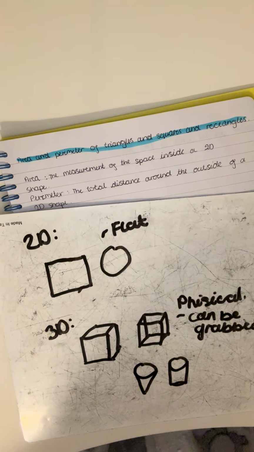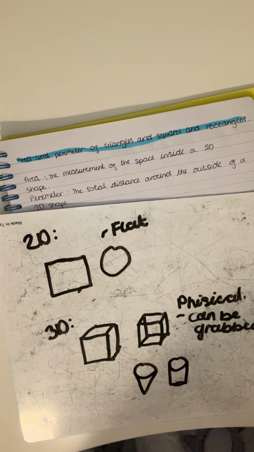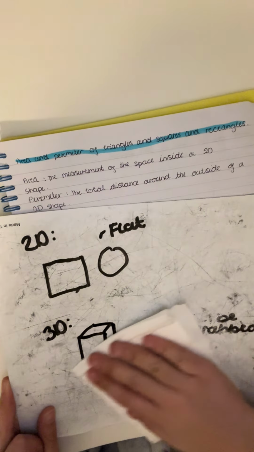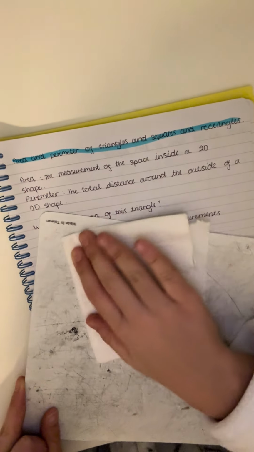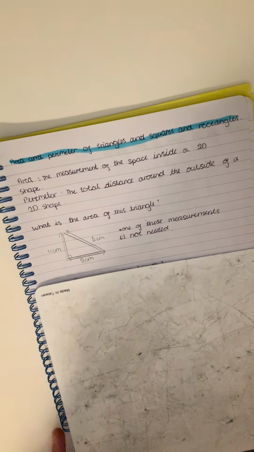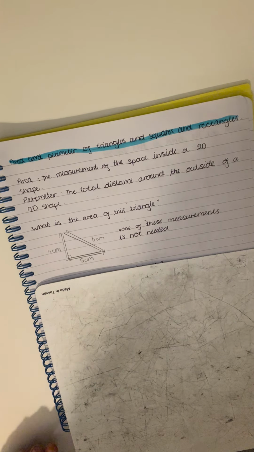And that's quite literally the only difference there is between the two. Now, we're going to look at some actual examples of area and perimeter in this lesson. And at the end, there is also a slightly harder question, but this is a simple area question.